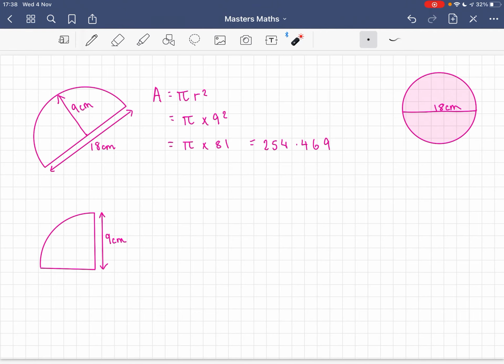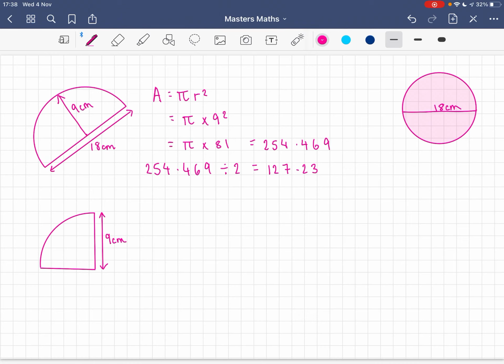We don't want the area of the full circle. We want the area of the semicircle, which is half of the full circle. So to do that, we need to take this area we've just calculated, so 254.469, and we need to divide it by 2 because we only want half of the circle. So we're going to divide that by 2, which gives me 127.23.